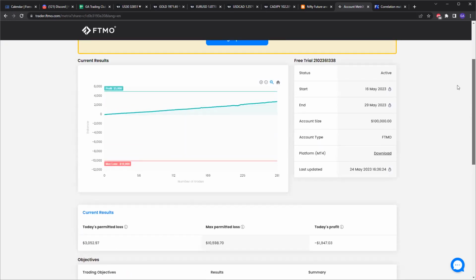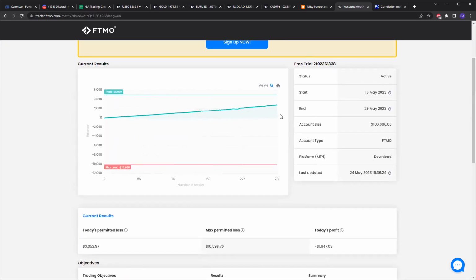Out of the 2,800 bucks that the EA has made in a week on this demo, I'm trading EU, GJ, Bitcoin, US30, and gold.